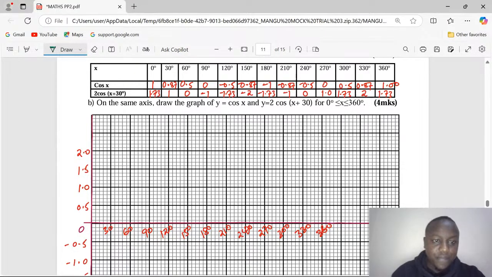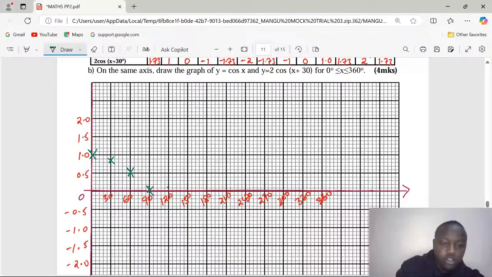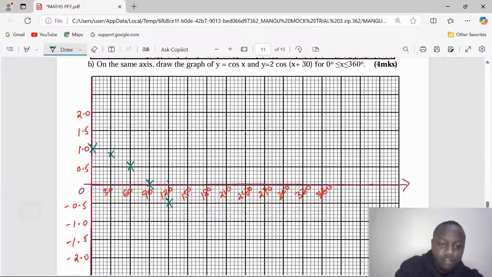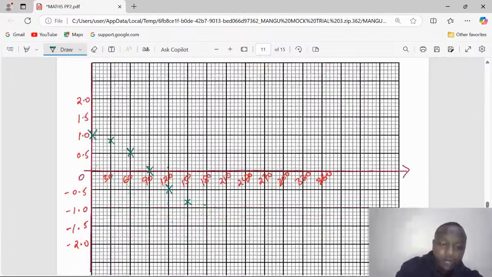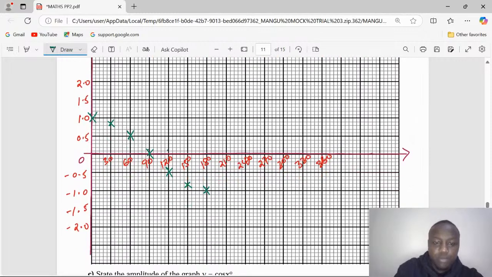So I will start with (0, 1), and then (30, 0.87), (60, 0.5), (90, 0), then (120, negative 0.5), (150, negative 0.87), (180, negative 1), and at 210, we'll have negative 0.87.